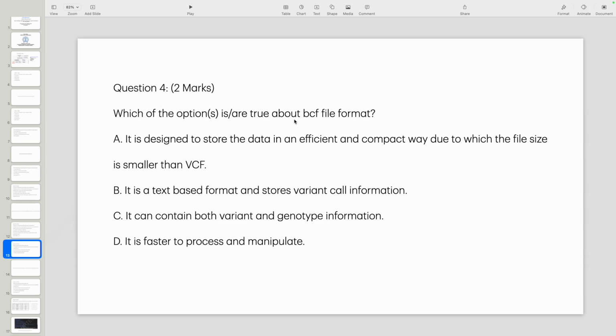After variant calling, we get this VCF file, which is variant call format. In this question, it is asked what is true about the BCF file format. We have one answer: A, C, and D.